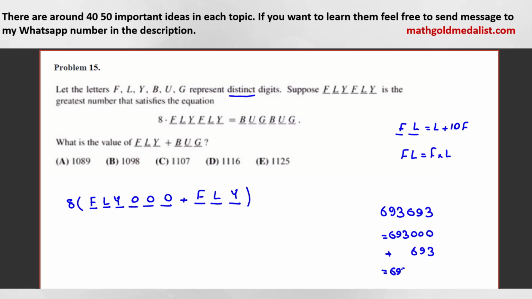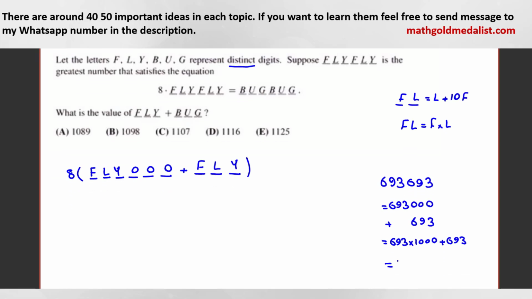And then you can say it is 693 times 1000 plus 693. And you can factor out 693, it will be 693 times (1000 plus 1). So it will be 693 times 1001, okay?